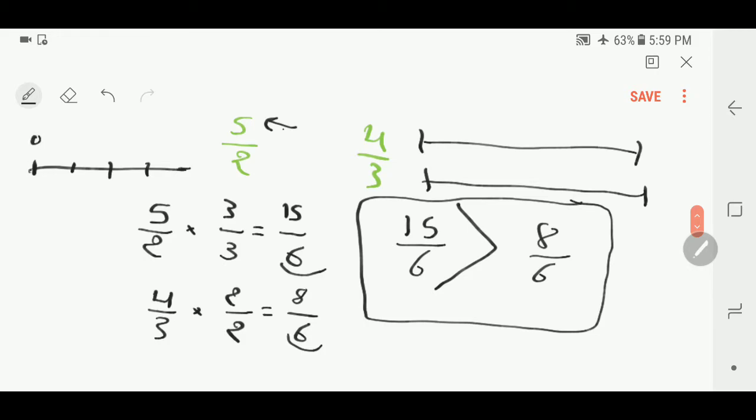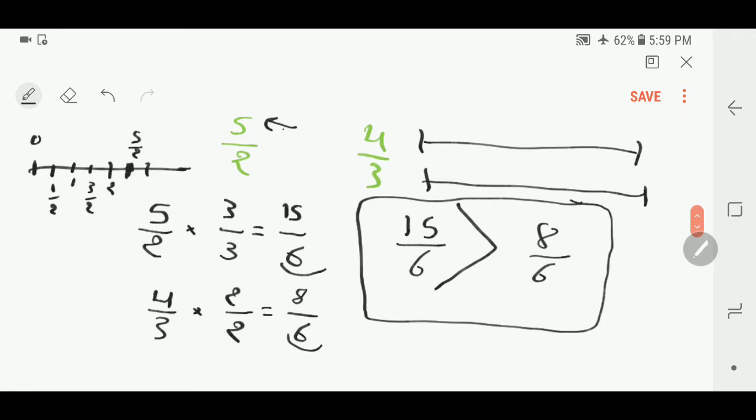Let's say this is 0, this is 1/2, this is 1, this is 3/2. Remember this one? This is 2. 1/2, 2/2, 3/2, 4/2, 5/2. This is 5 over 2.